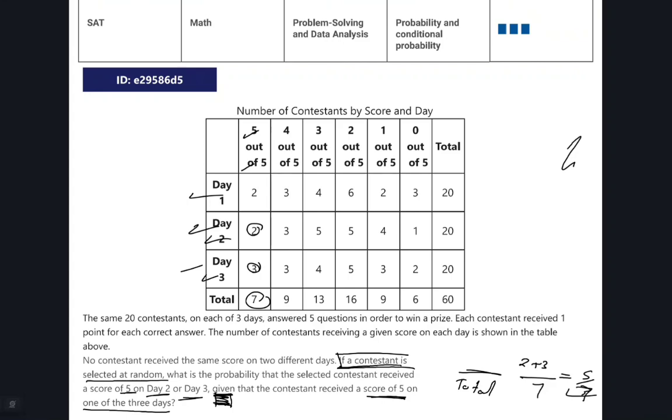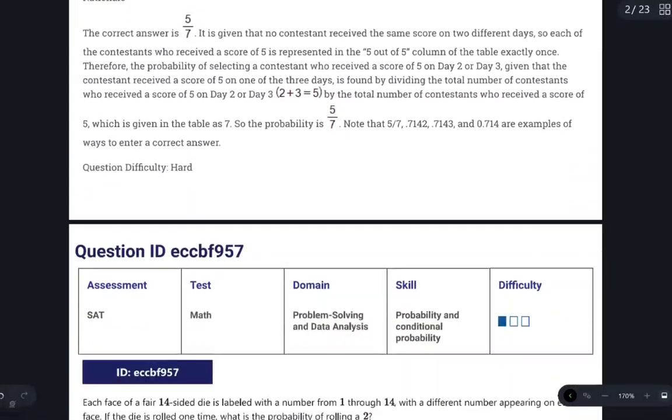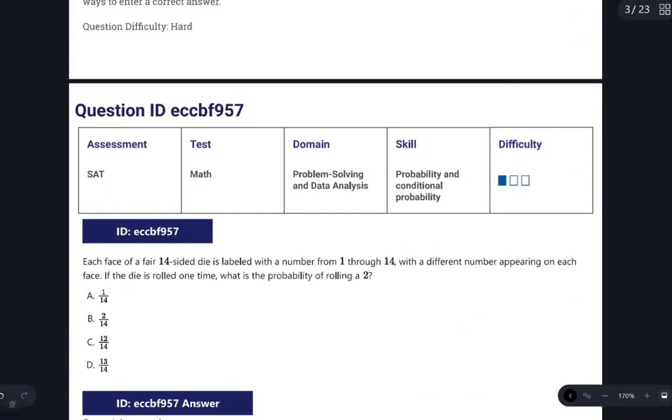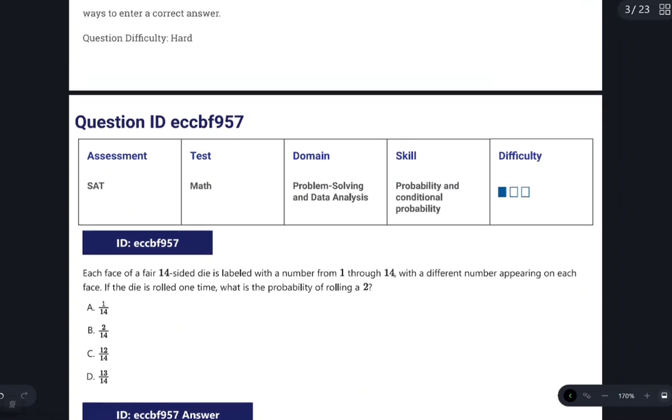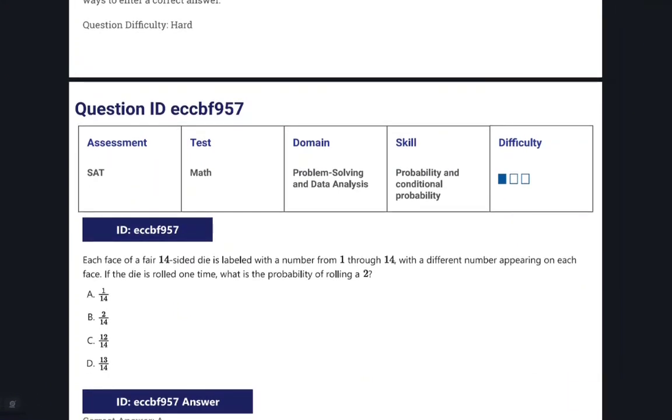So moving on, we have this question which says that each face of a fair 14-sided die is labeled with a number from 1 through 14, with a different number appearing on each face. If the die is rolled one time, what is the probability of rolling a 2?